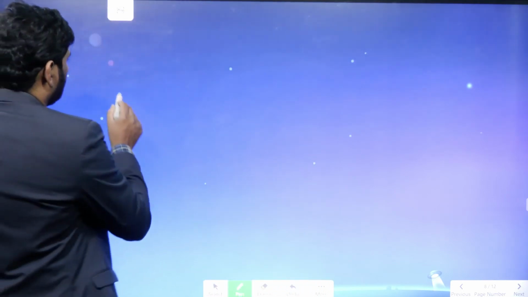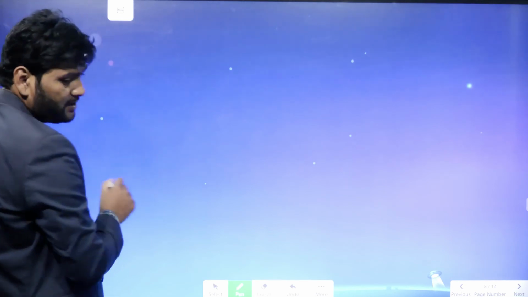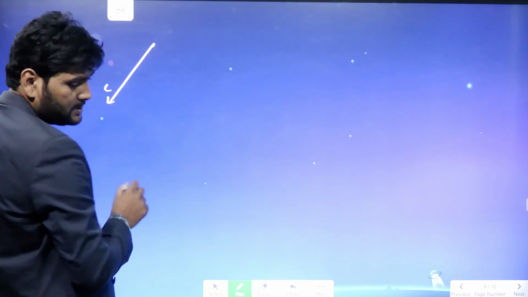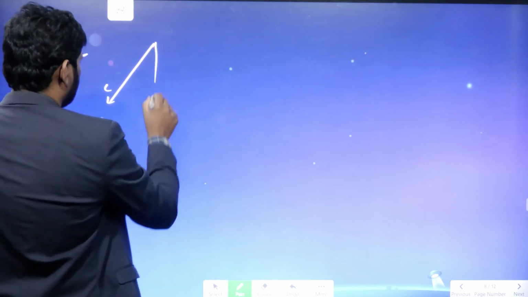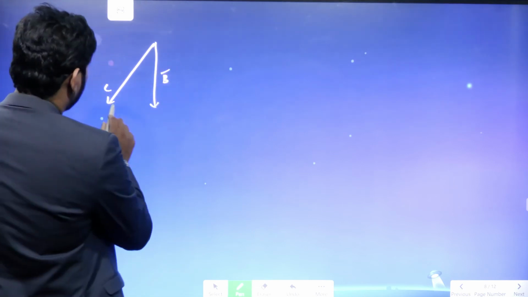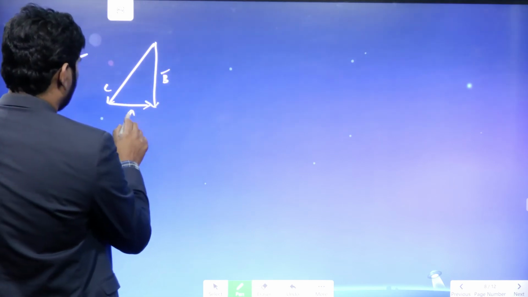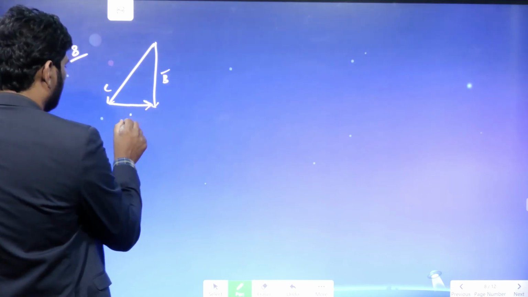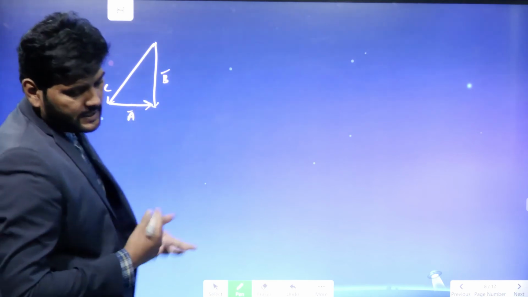See how many vectors they have given here. How many vectors? Three vectors. This is your C vector, this is your B vector, and this is your vector A.